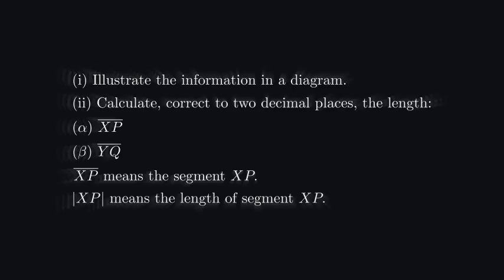We are asked first to illustrate the information in a diagram. Then we must calculate the length of XP and the length of YQ, correct to 2 decimal places. In our calculation, we shall write length of XP to mean the length of segment XP and length of YQ to mean the length of segment YQ.